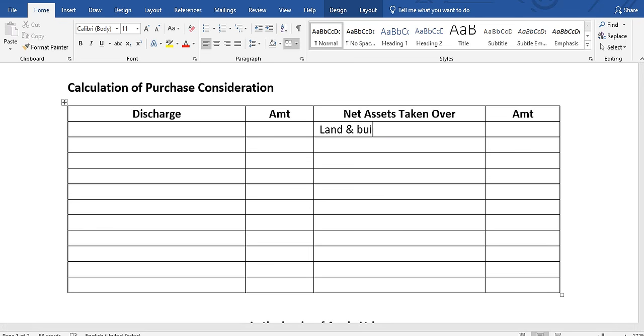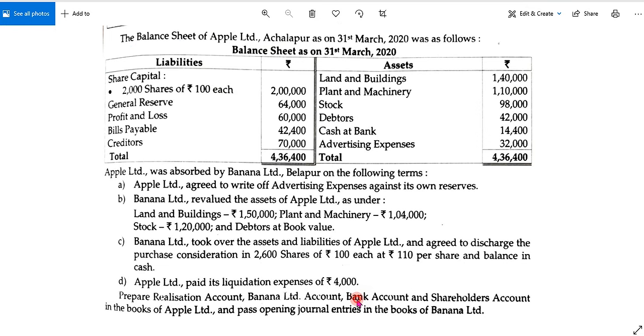Land and building amount is 1,50,000. Then next assets is plant and machinery, 1,04,000.